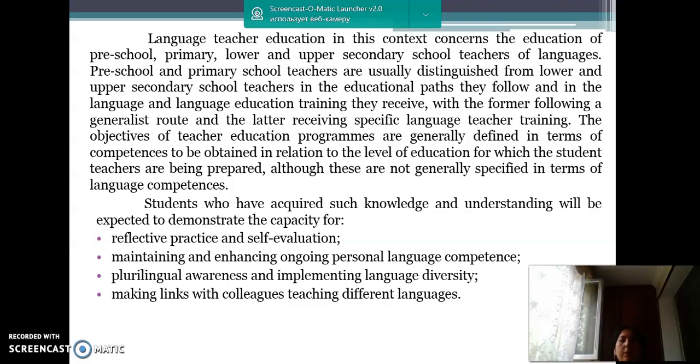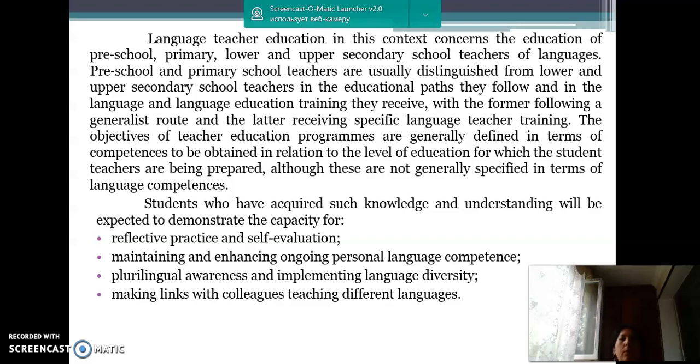The objectives of teacher education programs are generally defined in terms of competence to be obtained in relation to the level of education for which student teachers are being prepared, although these are not generally specified in terms of language competencies.